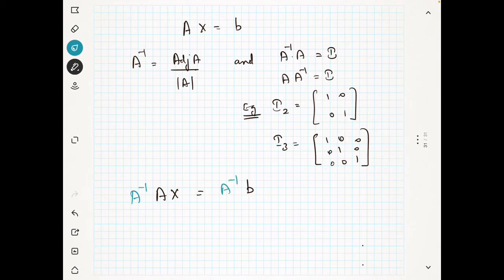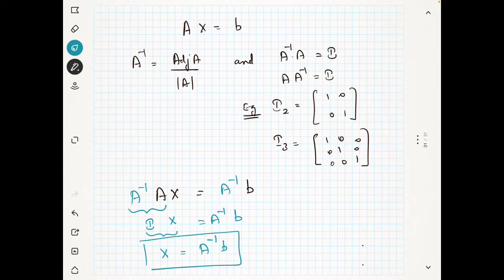A into A inverse is I, and this is X. Now we get A inverse into B, so I into X is nothing but A inverse into B. So you can find the solution by the matrix inversion method as A inverse into B. First of all, you have to find A inverse for your problem.